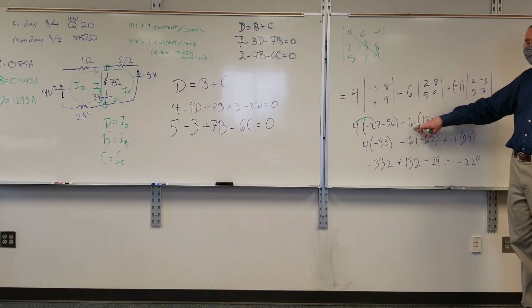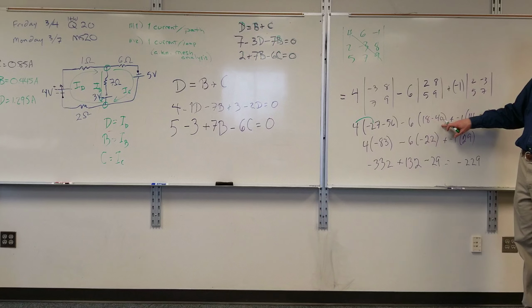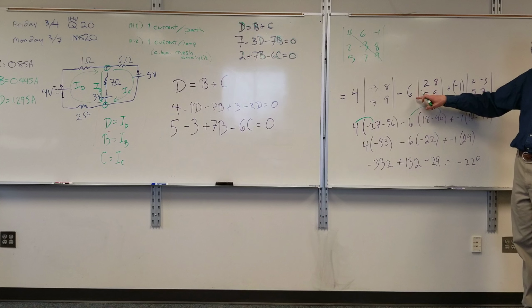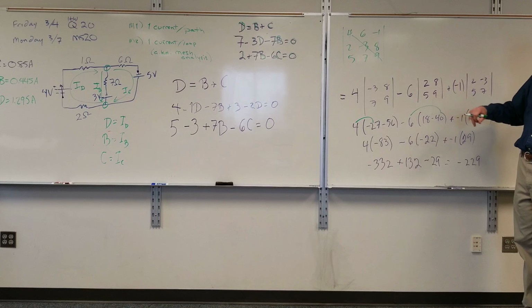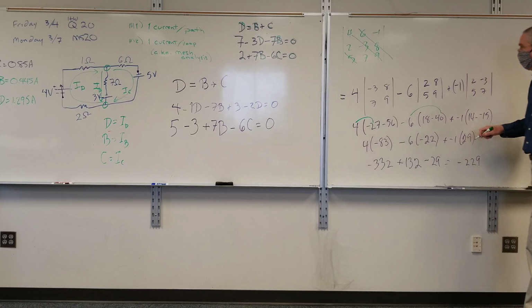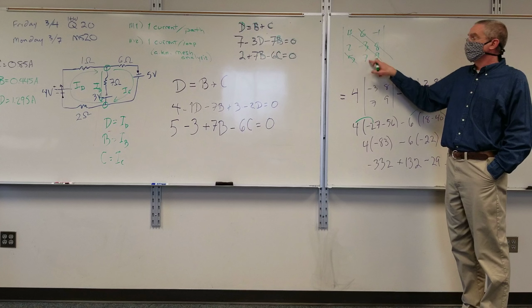The negative 6 times that 40 comes from 6 times 5 times 8, or 6 times 8 times 5, sort of going around the corner. And then over here, we've got a negative 1 times 2 times 7.